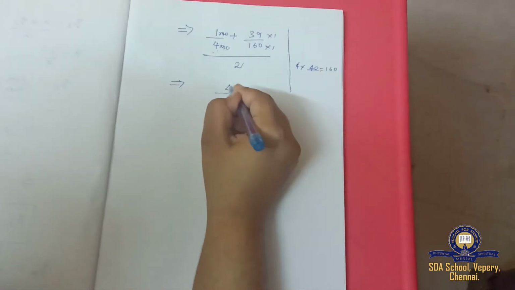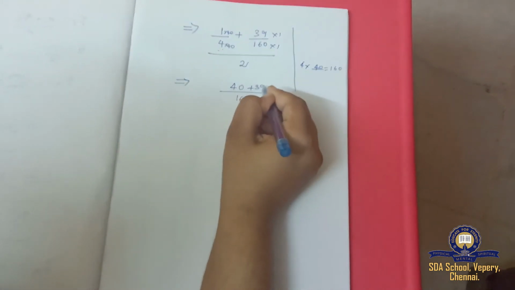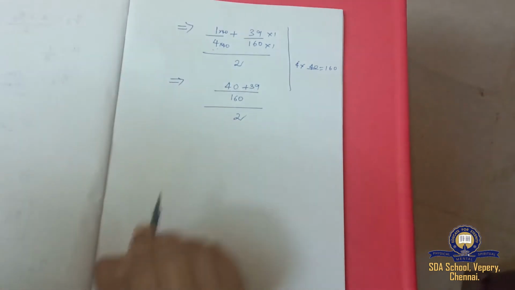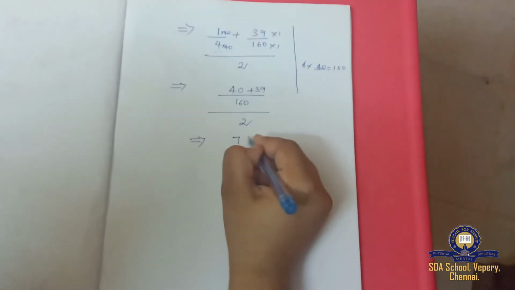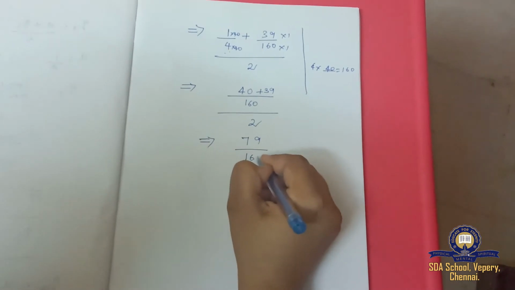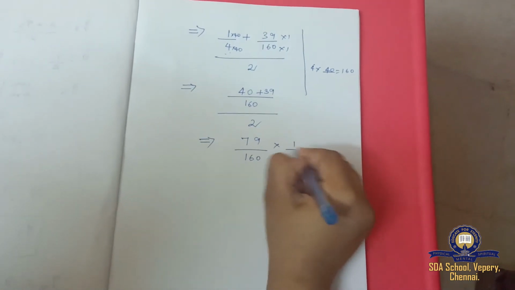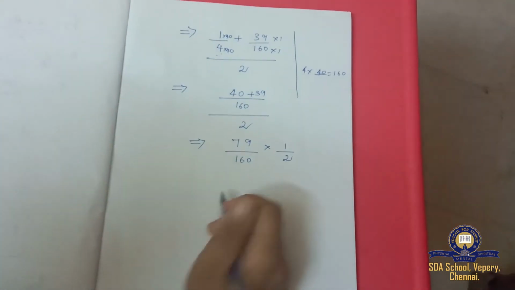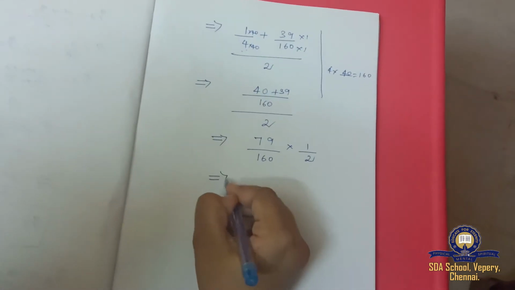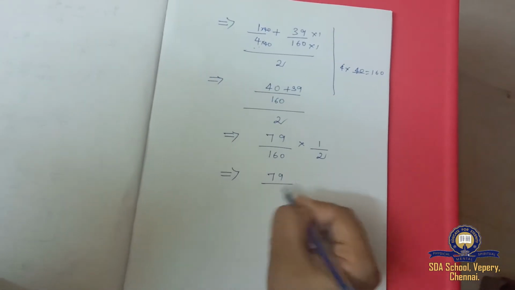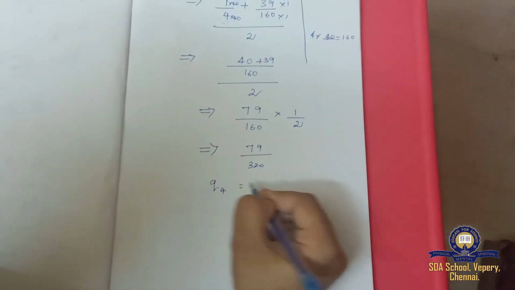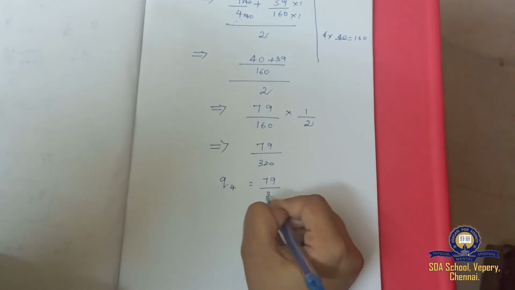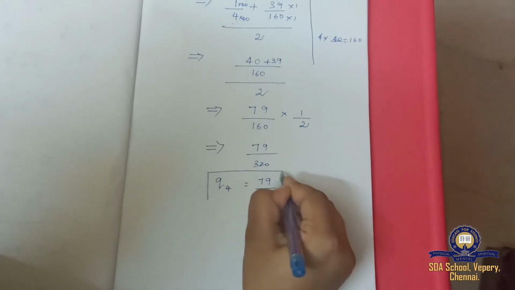It will become 40 plus 39 divided by 2. Yes students, then what will happen? 79 divided by 160 into 1 by 2. This 2 will become 1 by 2. Get it? Then 79 by 320. Therefore, Q4 equals 79 by 320. Let's box it up.